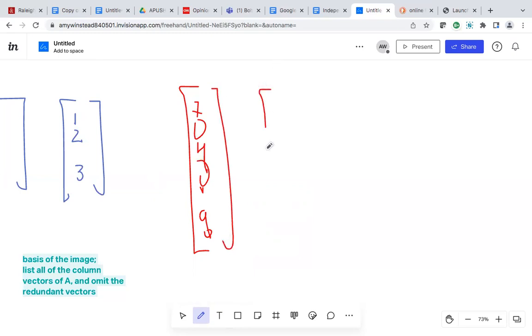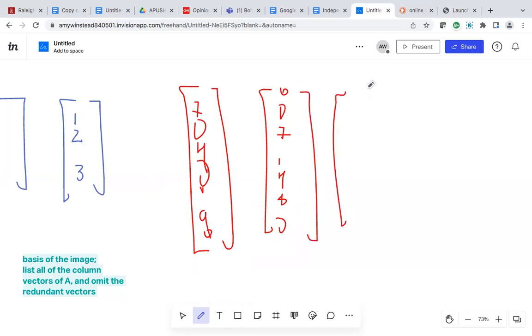Then we move on to our second one. That's 6, 0, 7, 1, 4, 8, 0. Move on to our third one. We've got 5, 0, 6, 2, 3, 1, 7.